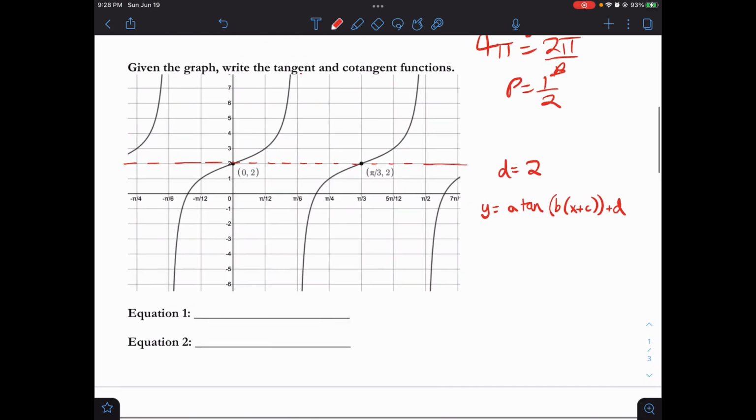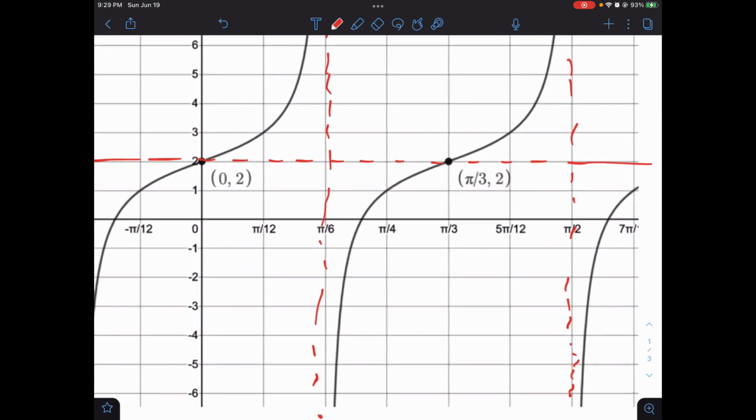Now, first let me graph our asymptotes. Our asymptotes are at pi over 6 and pi over 2. Right?